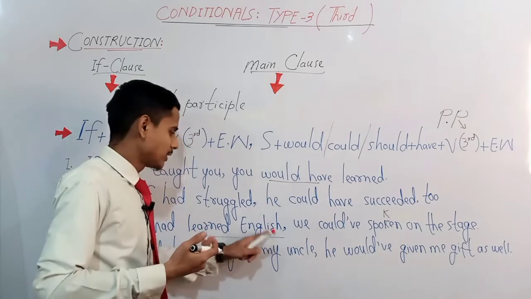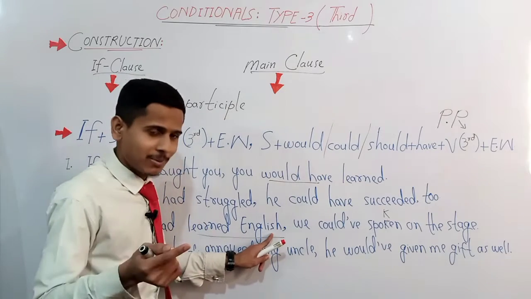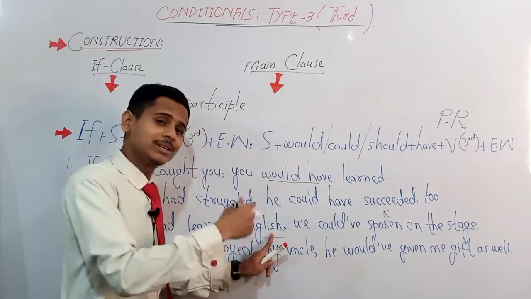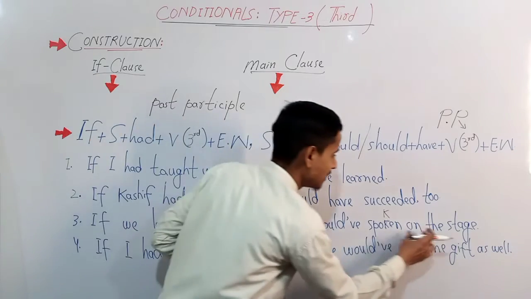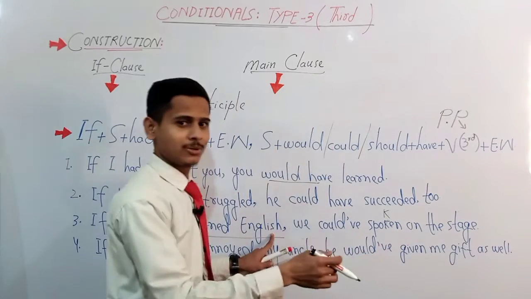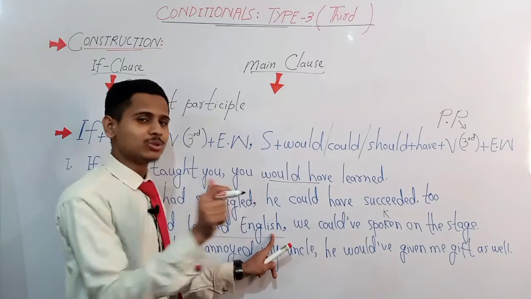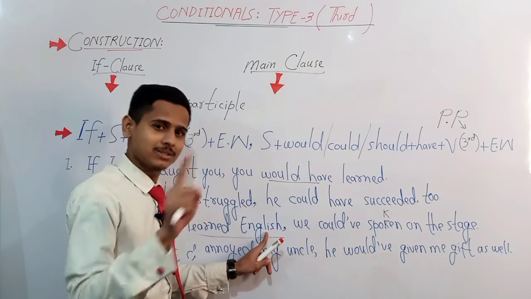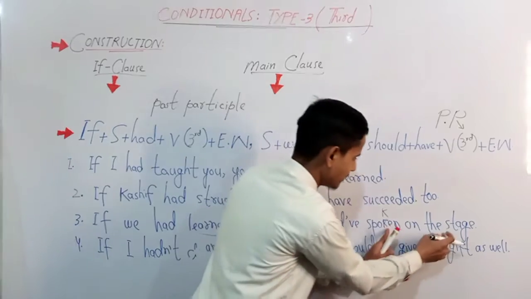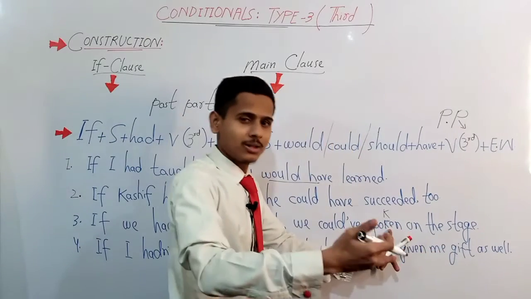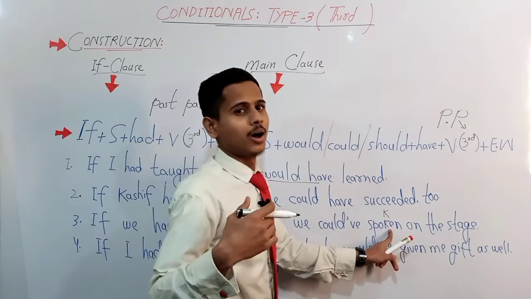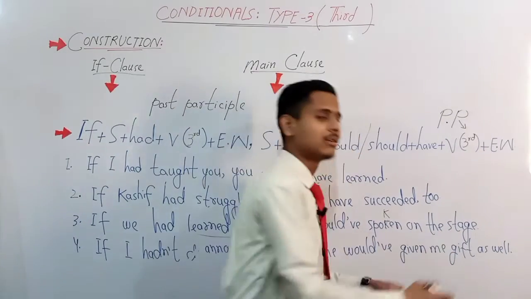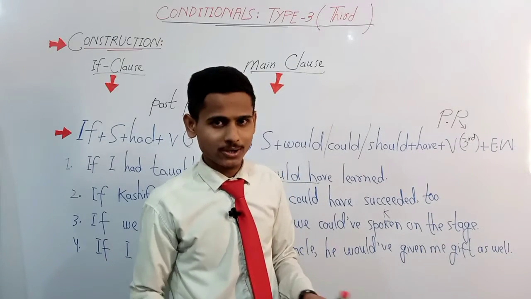Our act of learning English didn't happen. Learning English was the condition for speaking it on the stage. Since the condition was not fulfilled, this result didn't get produced either.